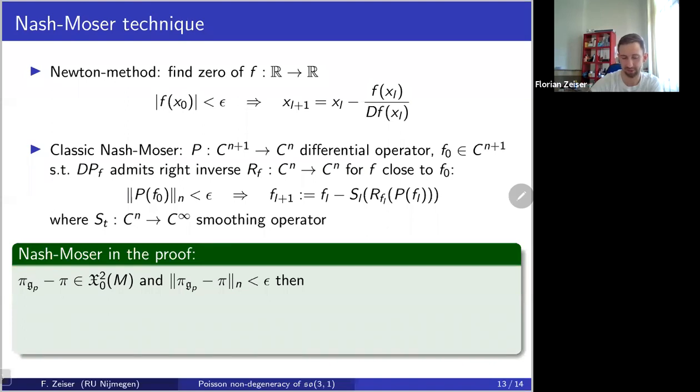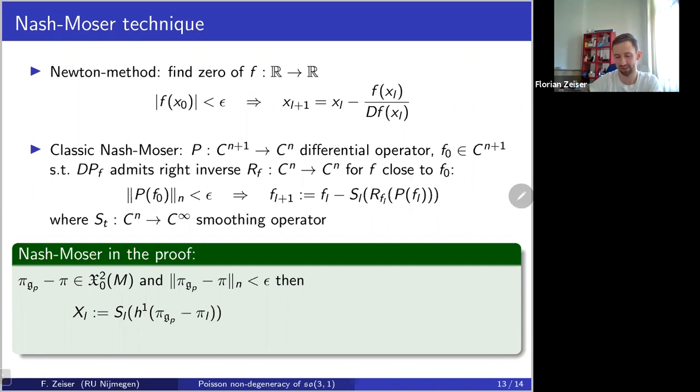So if we subtract the one from the other, we get a flat bivector field, and we also assume that this is close enough to 0. Then we define a vector field X_l by applying a smoothing operator to h_1 of this expression. Here h_1 should be seen as the right inverse R of F_l in this expression, and S_l is still the smoothing operator.